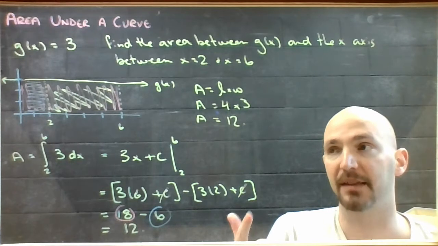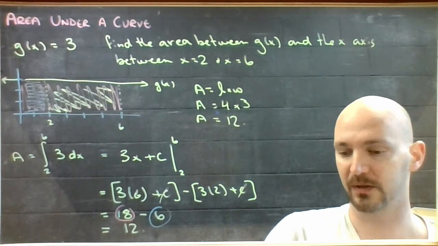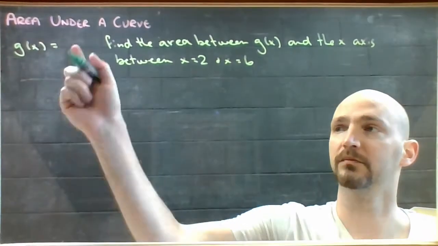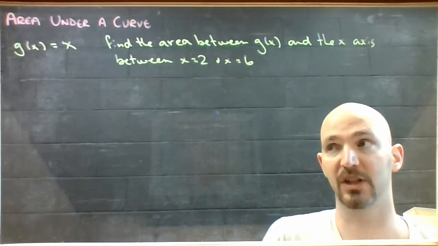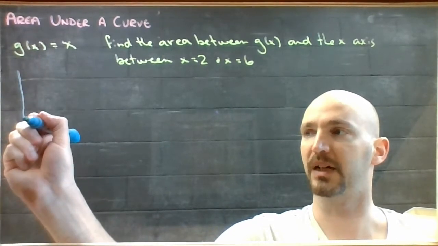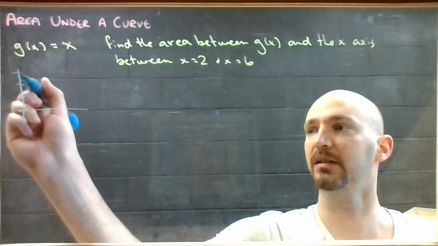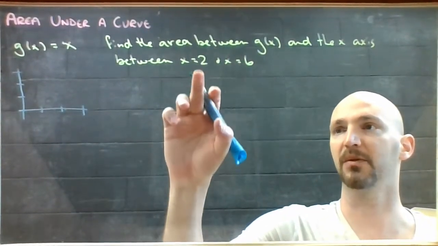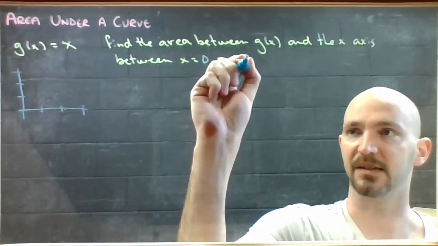So to show you again that this works, I'm going to try and build a triangle using a line. So I'm going to erase this and we'll try that example. If I switch to a linear function, g of x is x, if I were to sketch that for you, I need my x-axis, and I'll need a 1, 2, 3, and a 1, 2, 3, and just for ease of numbers, I'm going to go between x is 0 and x is 3.